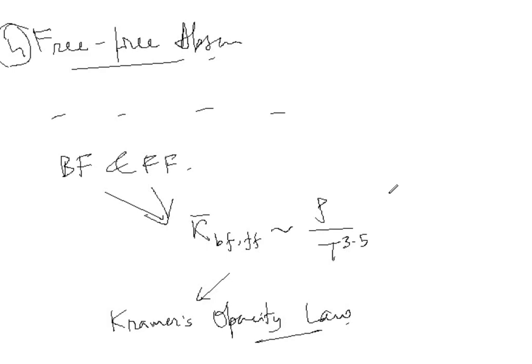You must remember this. Now, this behavior holds only over limited ranges in temperature and density. For example, free-free absorption actually increases with temperature at low temperature and density, with the increase in free electron density.